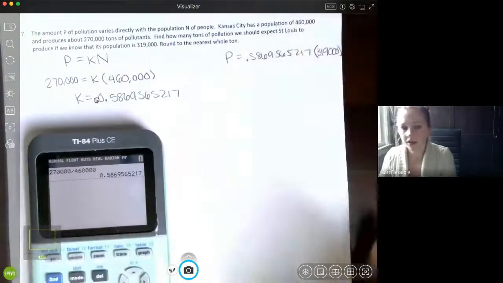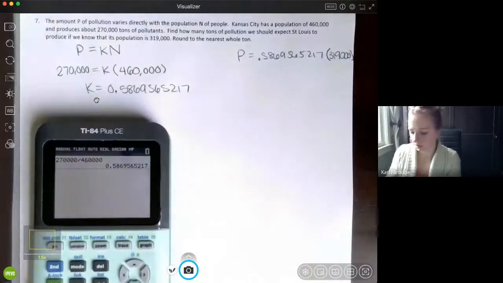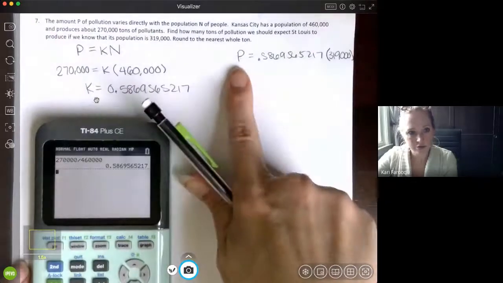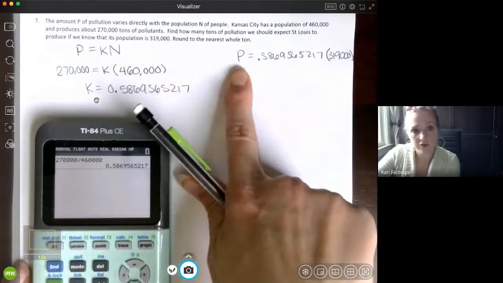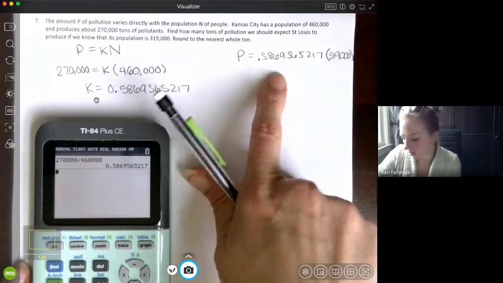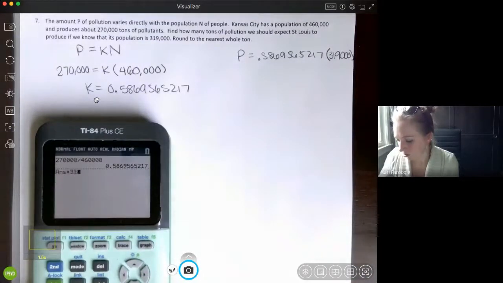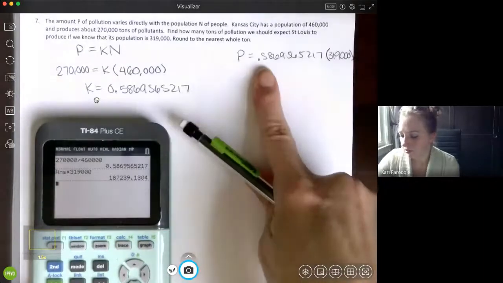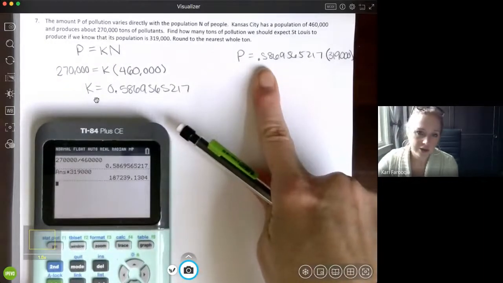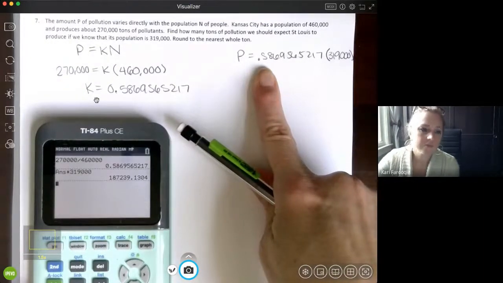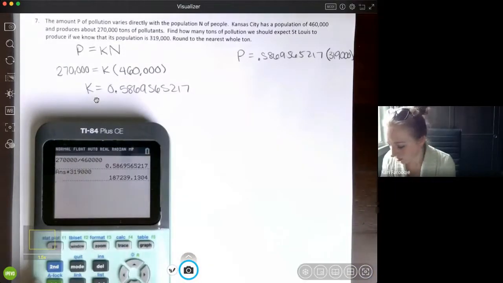Now, if you still have this number sitting in your calculator, then you know that in order to find P, the number of tons of pollutants, you can just take this value in your calculator and multiply it by 319,000. If you rounded this in the last step to 0.59 and then you multiply it by 319,000, it's probably fine.